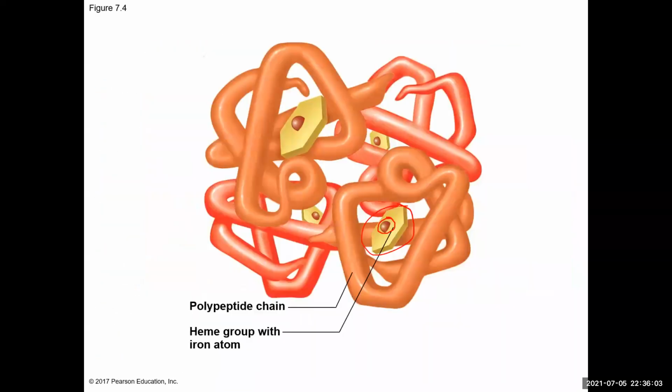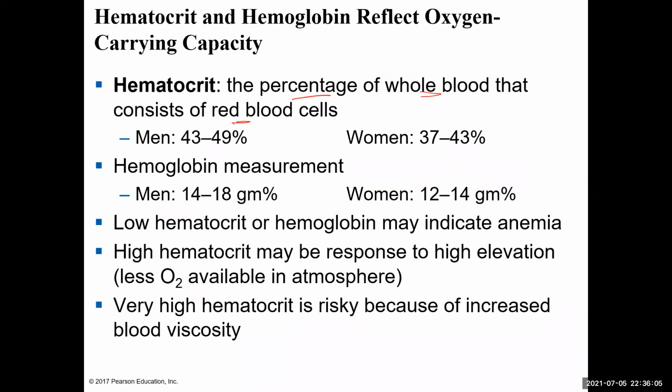Now, whenever you look at hematocrit in humans, males typically have hematocrit concentrations of about 43 to 49. Women's a little lower, about 37 to 43 on average. And again, that's just red blood cells as a percentage of whole blood.